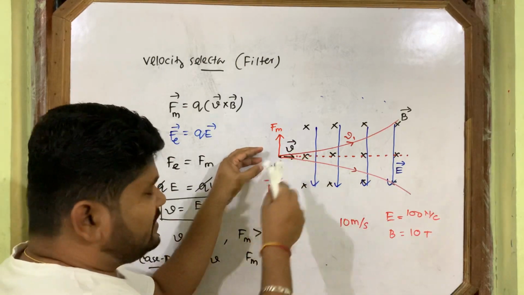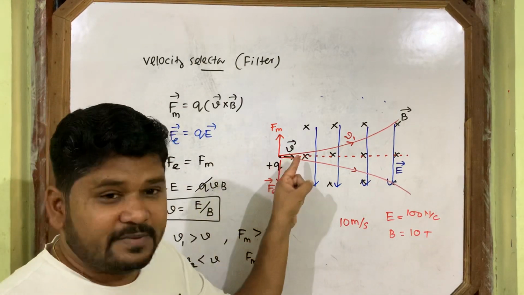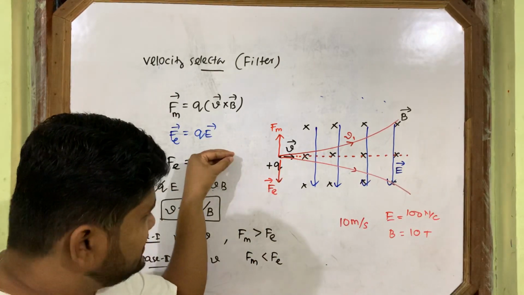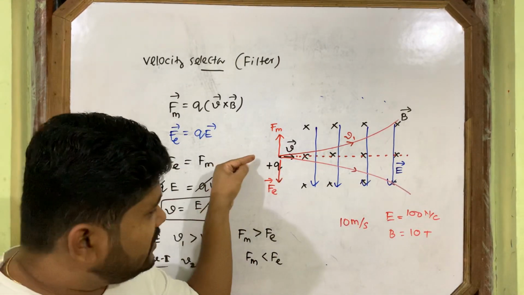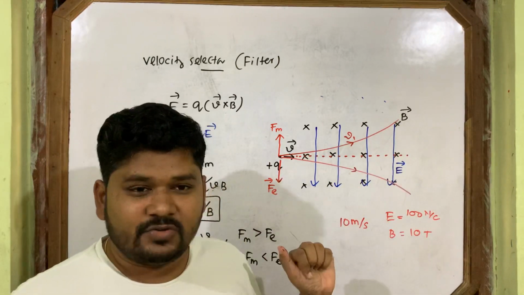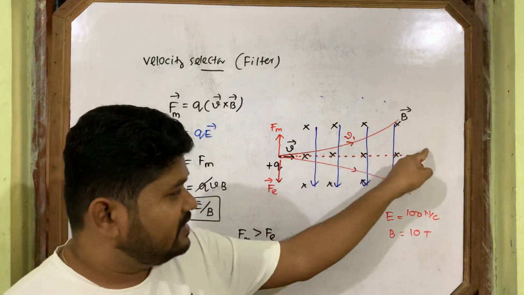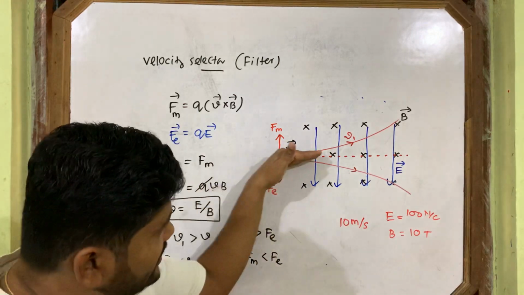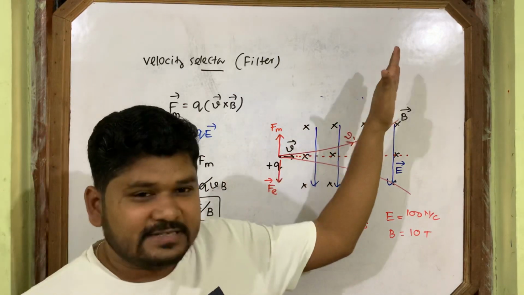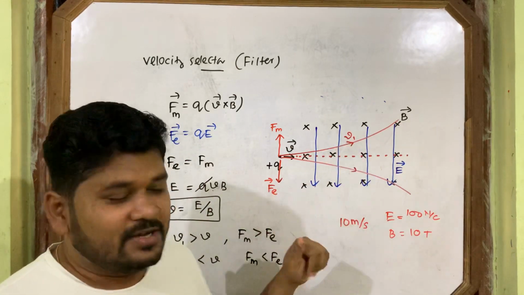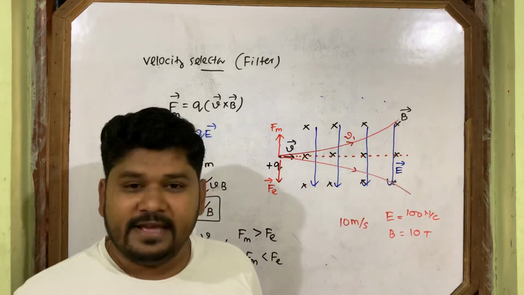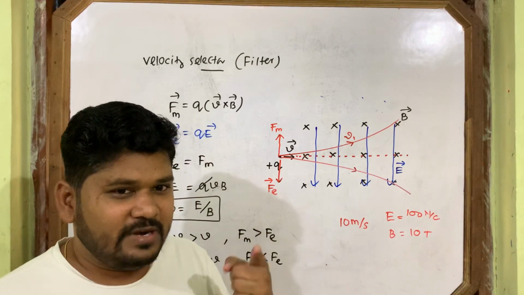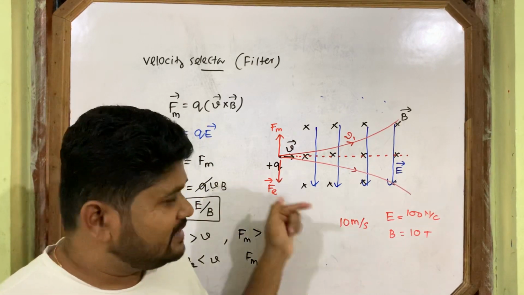The particle which has velocity 10 meter per second goes undeflected, straight along the line of injection. Who will be deflected in the upward direction, that is more than 10. Who is deflected in the downward direction, less than 10. But you got your desired particle, you need a particle of 10 meter per second, that goes straight.